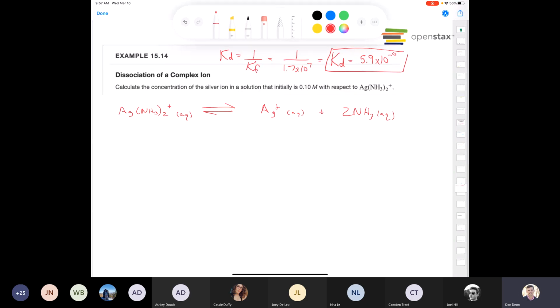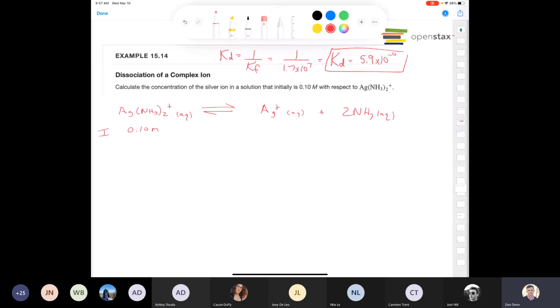If I was to make an ice table using this, I say I start out with 0.10 molar of my coordination complex. Can I use Kd to solve the same problem? I like your answer, Luke. I like your answer a lot. He says, it should, which means it's going to work if you do it right, and he's 100% correct.